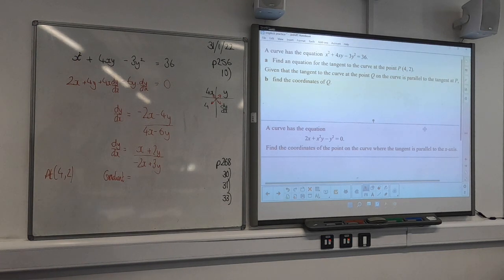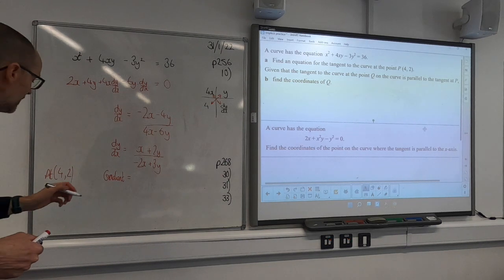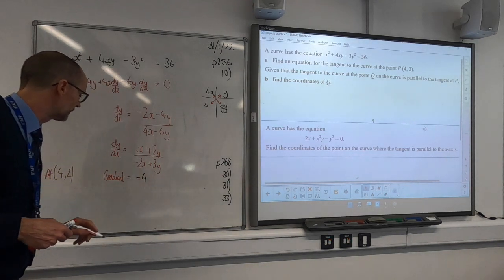So we're just doing the bracket thing: multiply by the power, reduce the power by 1, and then multiply by what you get when you differentiate the bracket. And if that's a y, what you get is dy by dx. Gradient -4.